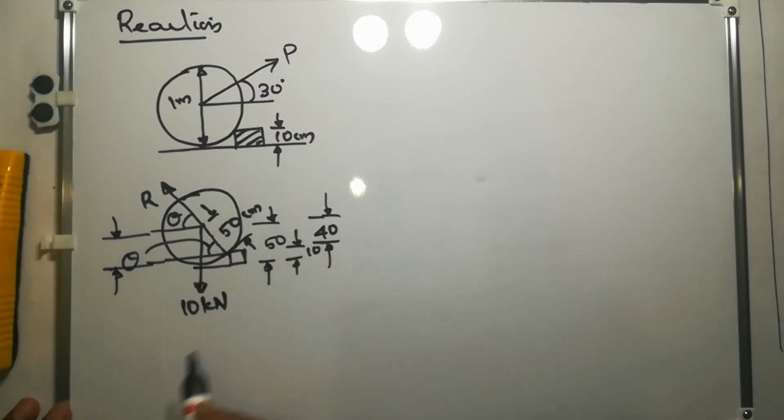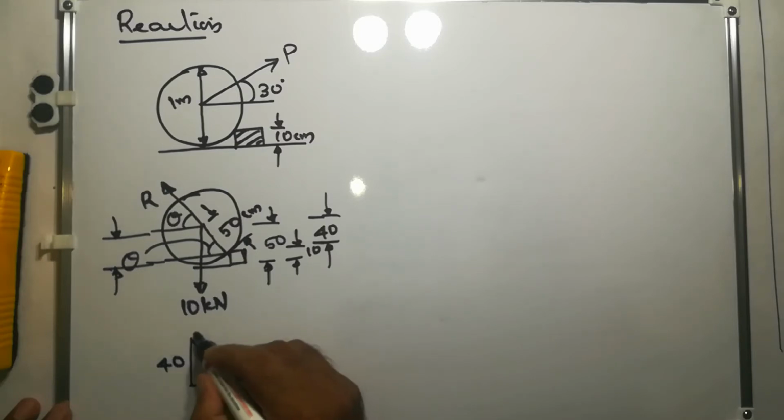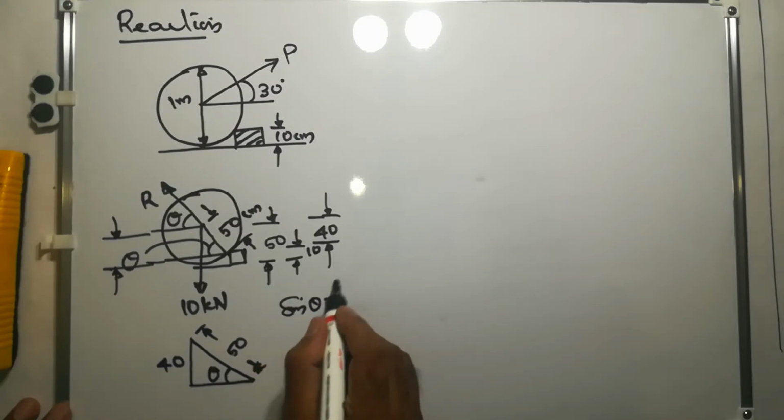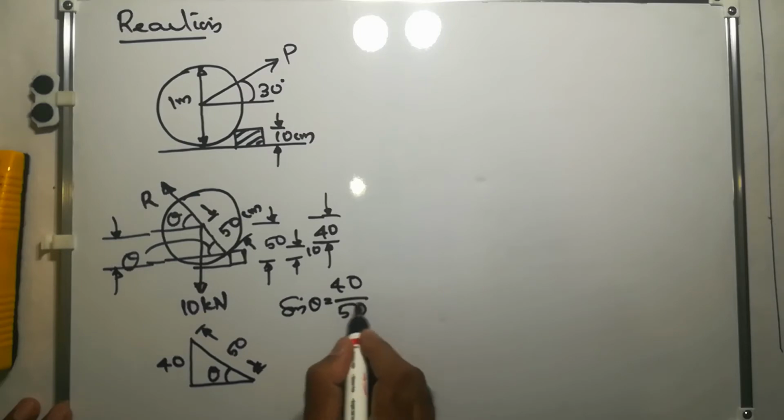So we have a right angle triangle of opposite side 40. This angle is theta, and the hypotenuse is 50. So from this right angle triangle, sine theta equal to 40 by 50, opposite side by hypotenuse.